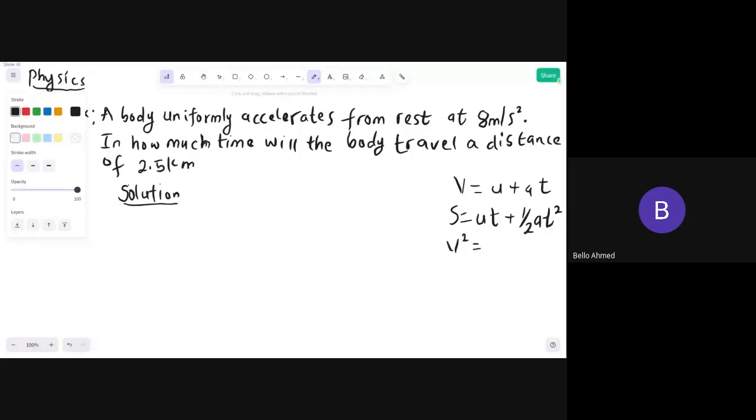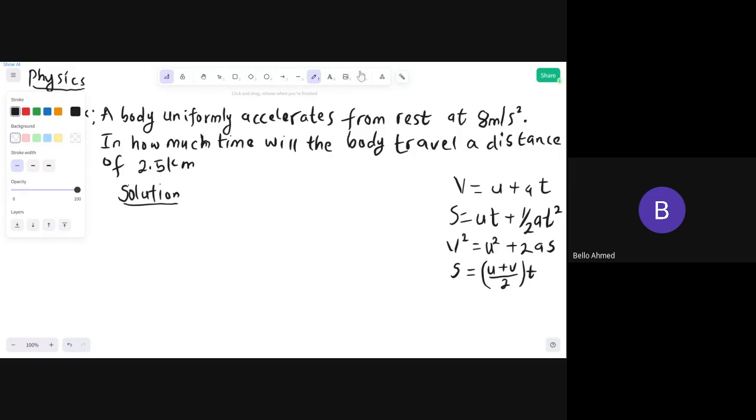V squared equals U squared plus 2AS. And we also have S equals U plus V over 2 times T. So now we have written these equations of motion.